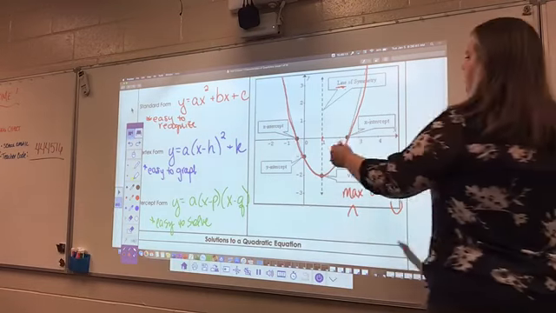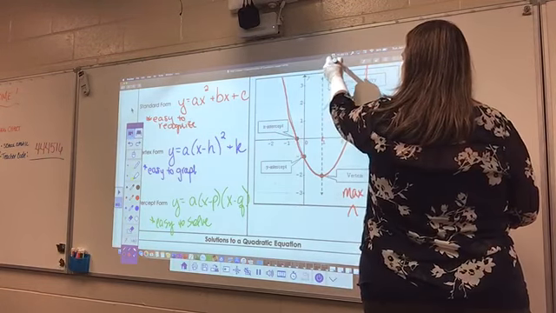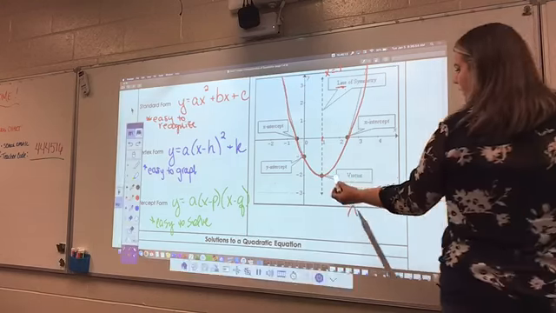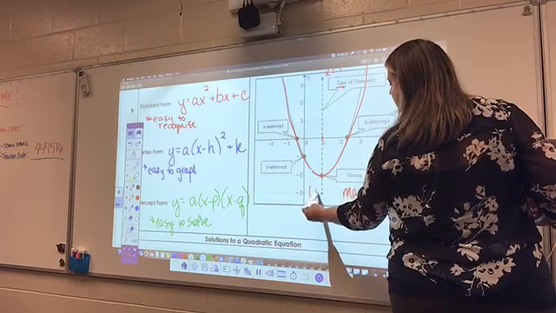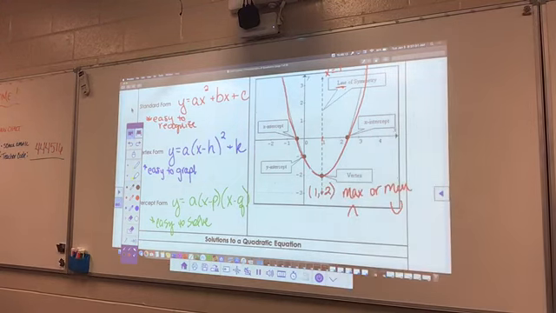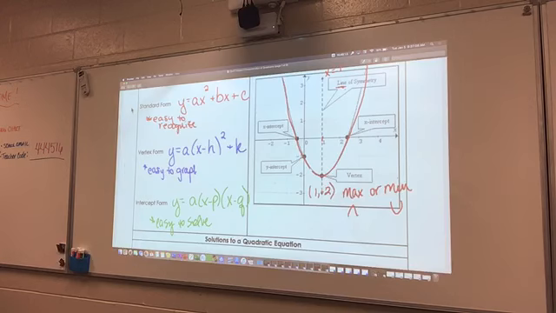So this line, if we had to identify it, is x equals 1, okay? Which is also the x coordinate of the vertex. Notice that this vertex is a point, and for this particular example, it would be (1, -2). So those kind of go hand in hand: the line of symmetry, or the axis of symmetry, and the vertex x coordinate.